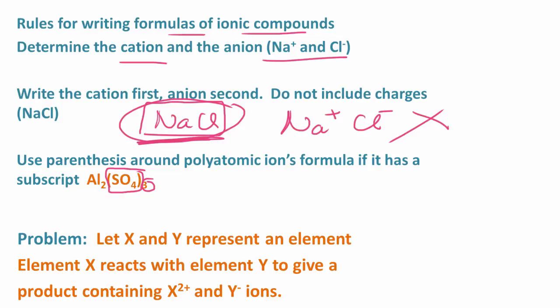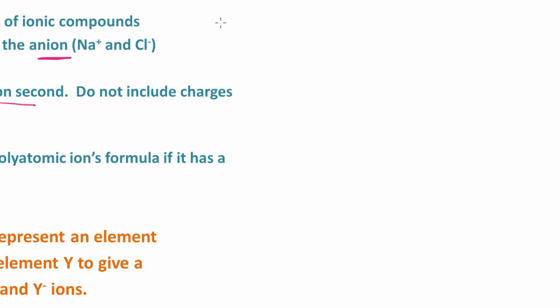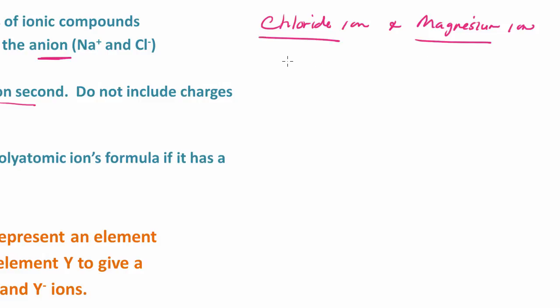So let's go ahead and write some formulas for ionic compounds. Let's write the formula for the ionic compound that is formed between chloride ion and magnesium ion. Now, we have to determine which is the cation and which is the anion. Magnesium ion is the cation, chloride ion is the anion.